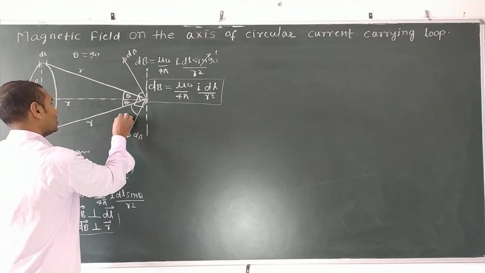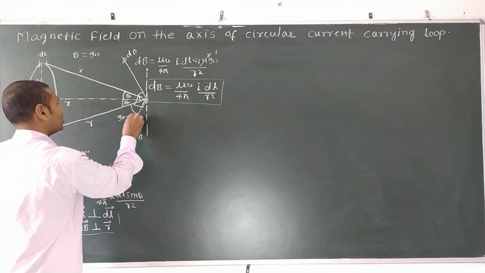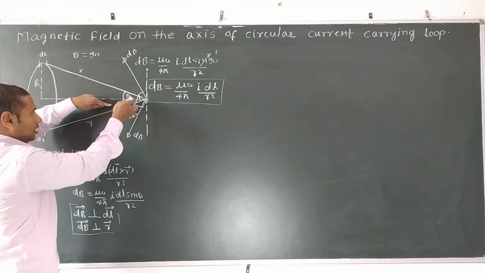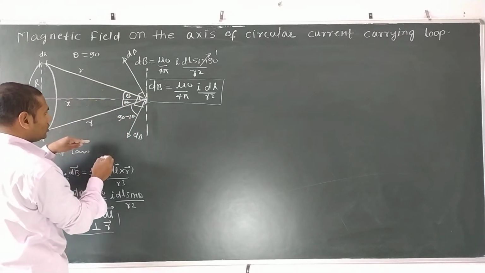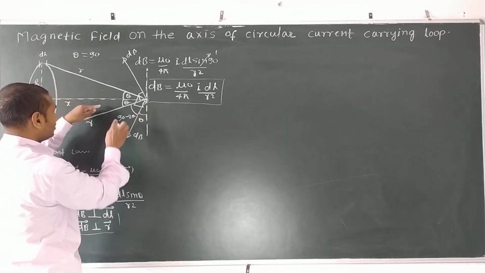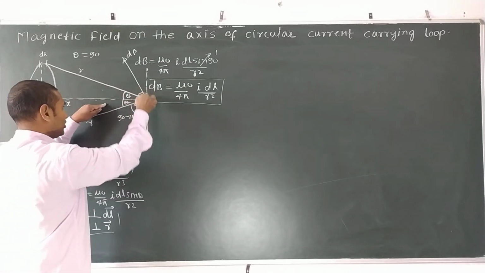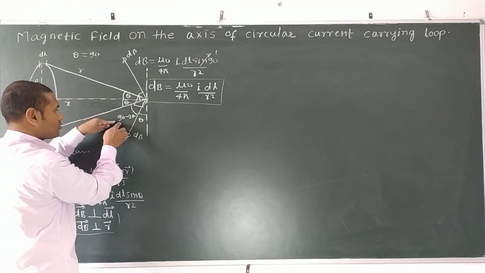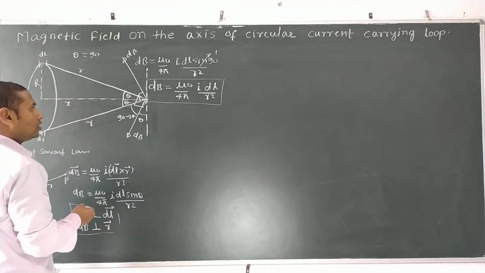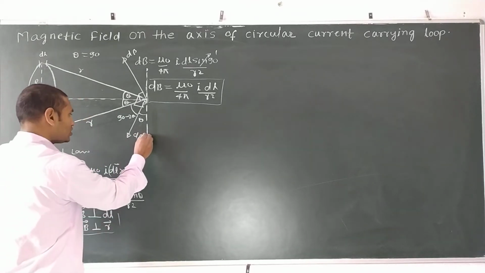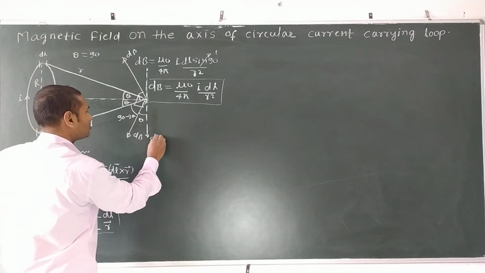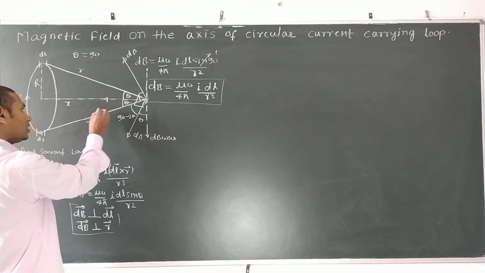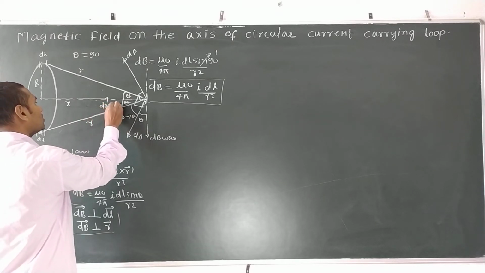And we see that this angle becomes 90 minus 2 theta, because this one is perpendicular to this one, so theta plus theta is 2 theta, and this one 90 degrees means 90 minus 2 theta. So this becomes theta, because this one is a horizontal line, this one a vertical line, perpendicular to each other. So the component of this dB in vertical direction becomes dB cos theta, and the component of dB horizontal becomes dB sin theta.